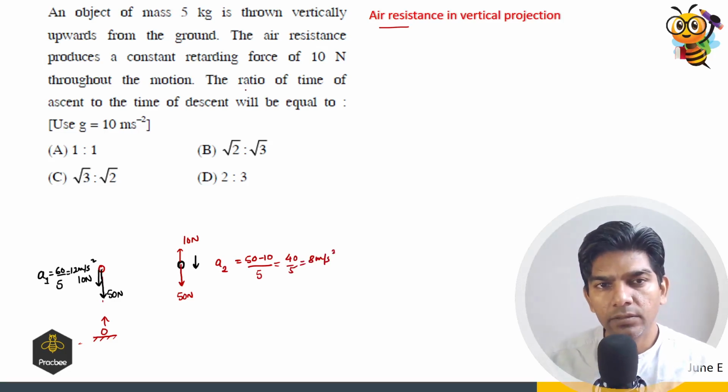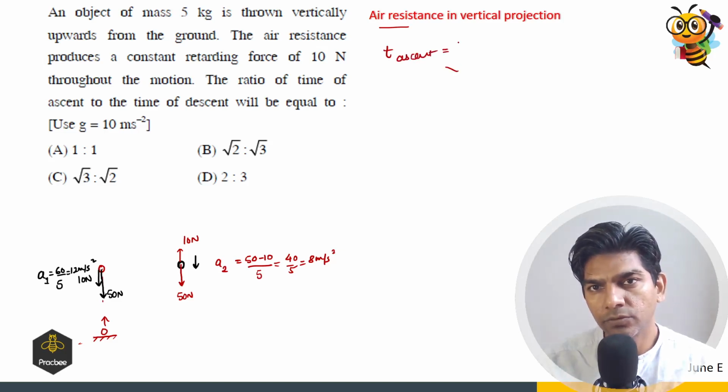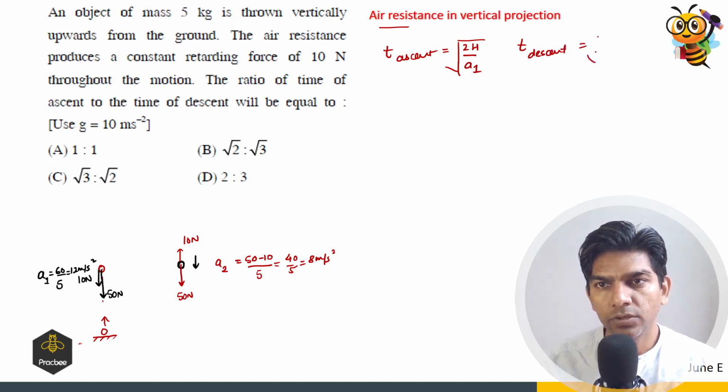Now we have to find the ratio of the time of ascent to the time of descent. So time of ascent is nothing but root of 2H by a1, let us say capital H is the maximum height, and the time of descent is root of 2H by a2.